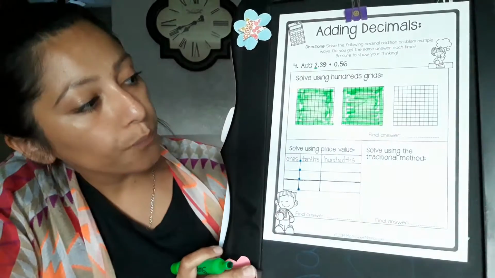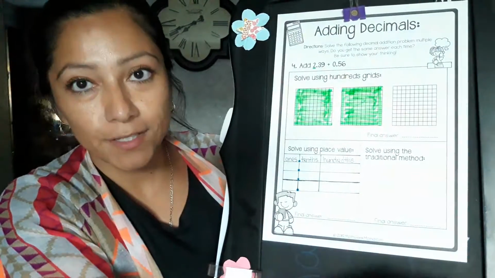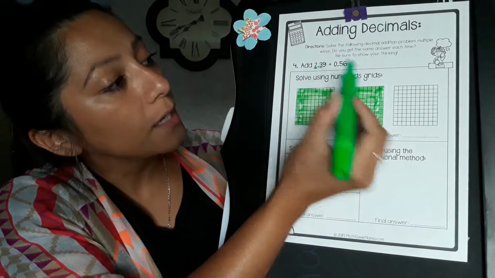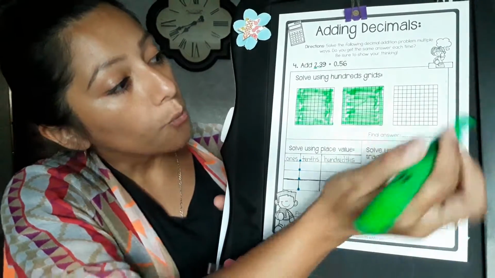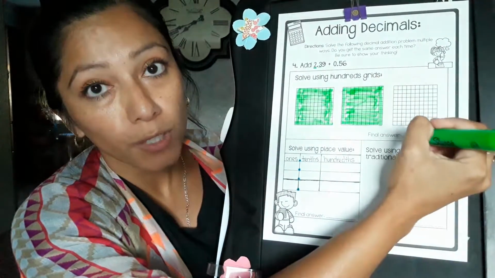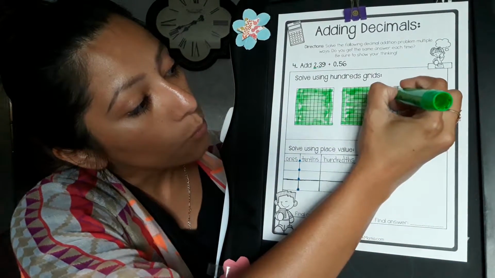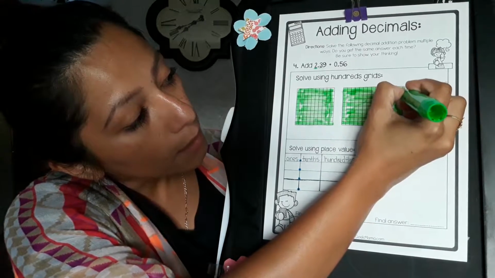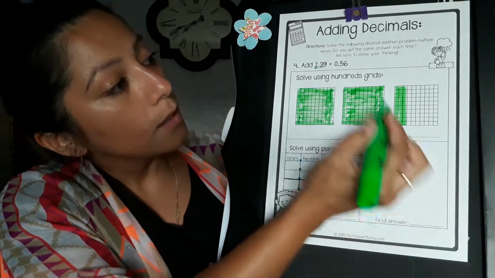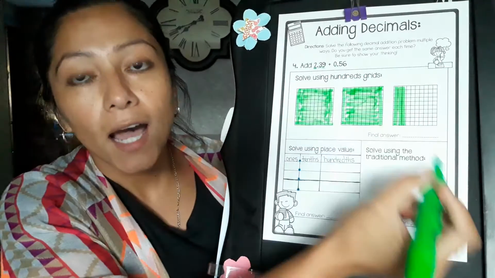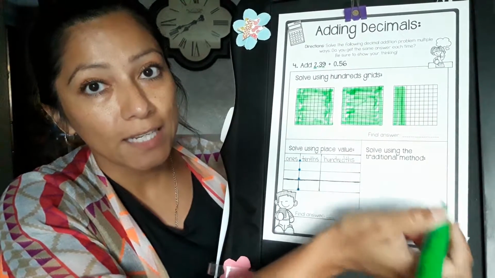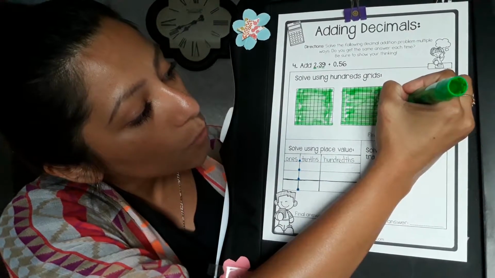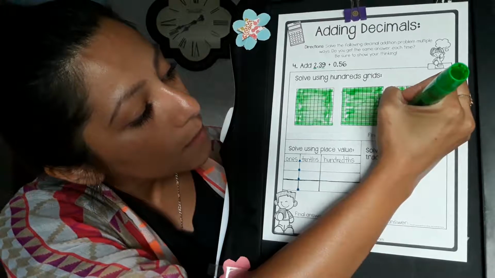So we have 2 whole 100 grids shaded, completely shaded. Now we have 3 tenths. So we're going to have to shade in 3 columns. So we have 1, 2, and 3. Now we have 9 hundredths. So we just need to shade in 9 individual squares. So we have 1, 2, 3, 4, 5, 6, 7, 8, 9.